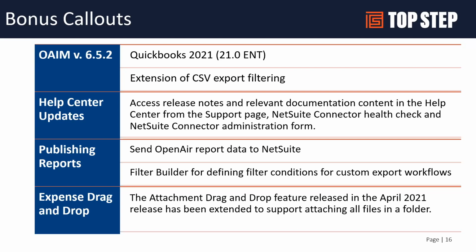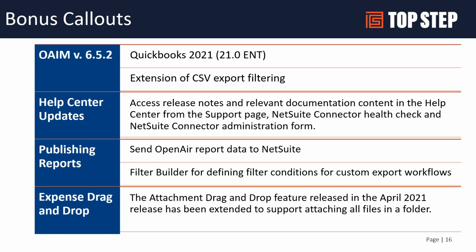When working within OpenAir, for publishing reports, if we're using the BI connector with the OData feeds, you can now send OpenAir report data to NetSuite. So if you have people that are working just in NetSuite, with this BI connector we're able to send report data to NetSuite to drive KPIs and metrics within that system.